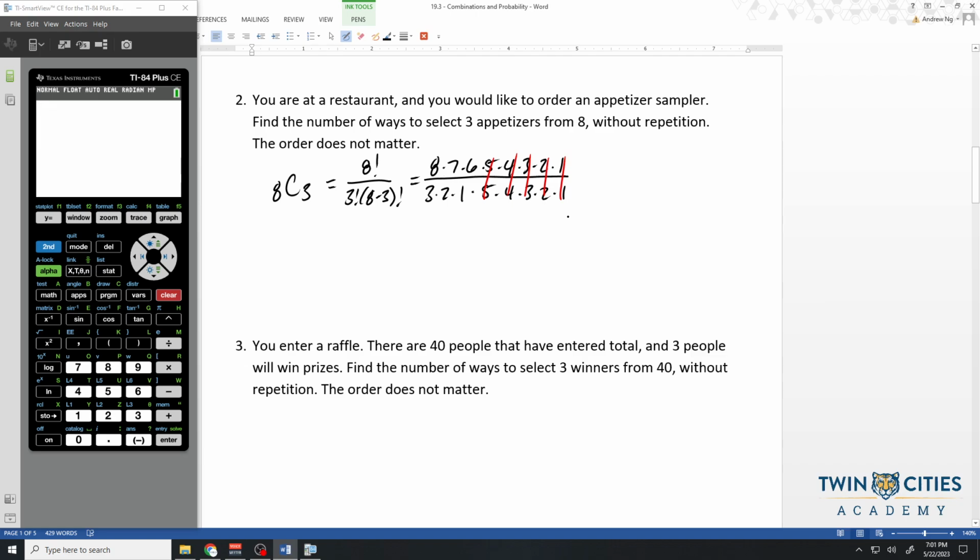All right, so what am I left with? Let's see, 8 times 7 times 6, and we'll divide by 3 times 2 times 1. So this will be 56. There are 56 different ways to choose 3 appetizers out of your 8.